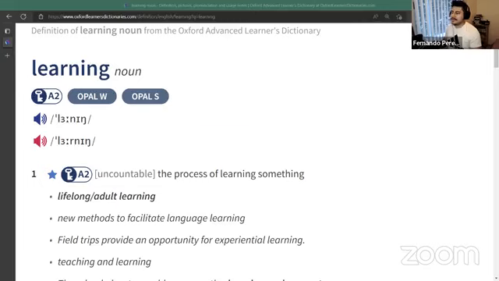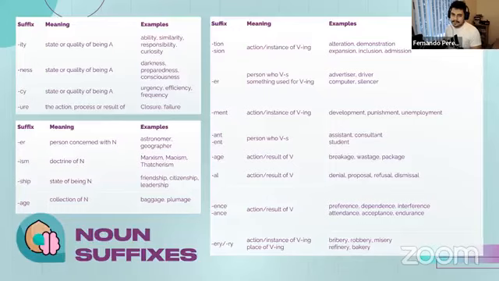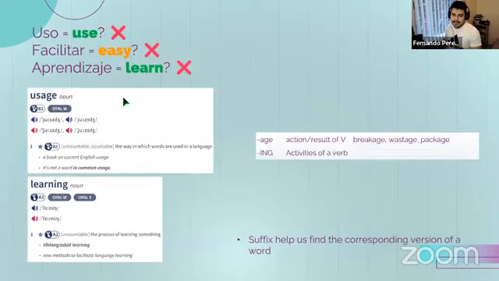Right? The transformation is from a verb to a noun. And we get this. Does it make sense?